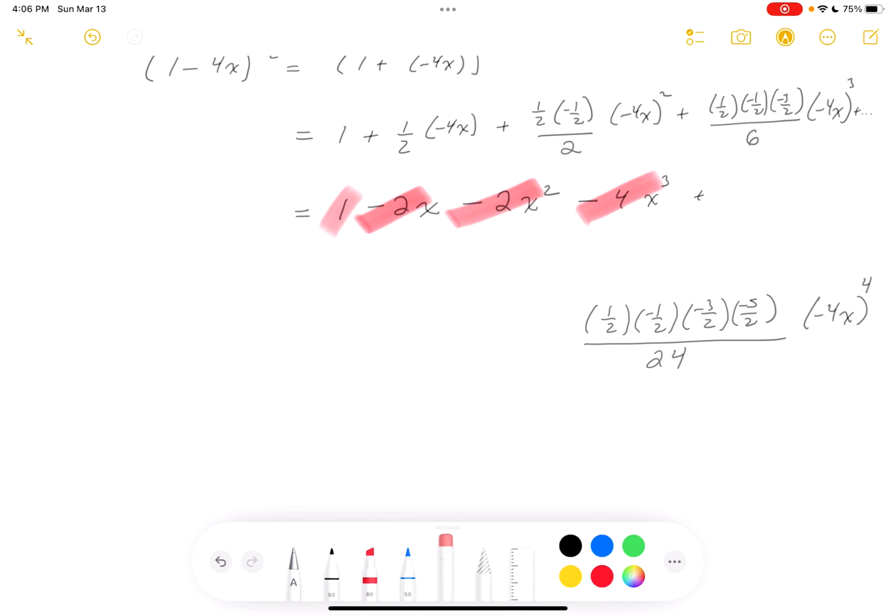I'll erase this over here now. And I have to do some computations here, don't I? By the way, I know it's a negative, so all I'm looking for now is the arithmetic in the problem. So 1/2, 1/2, 3/2, the sign's already been resolved, 5/2. You get 24, and then you get 4 to the 4th power.